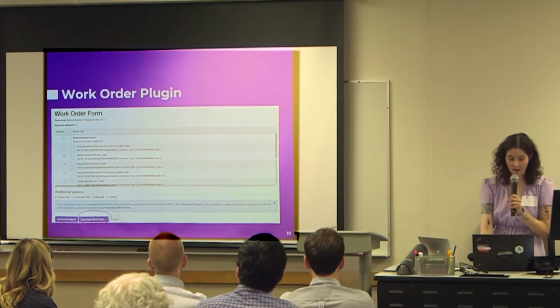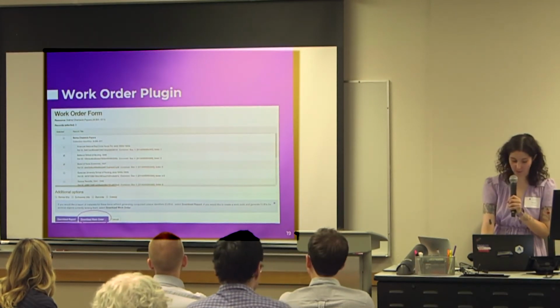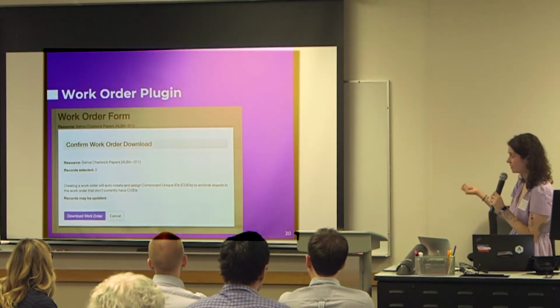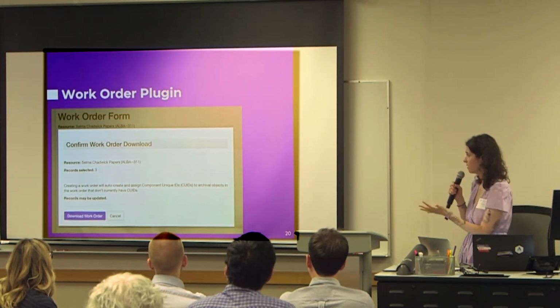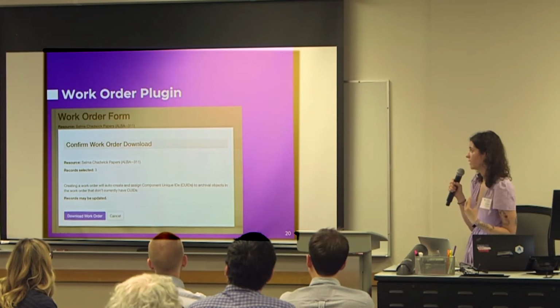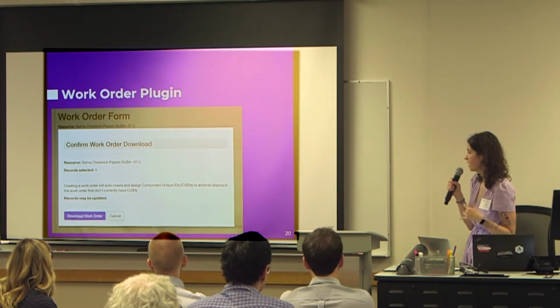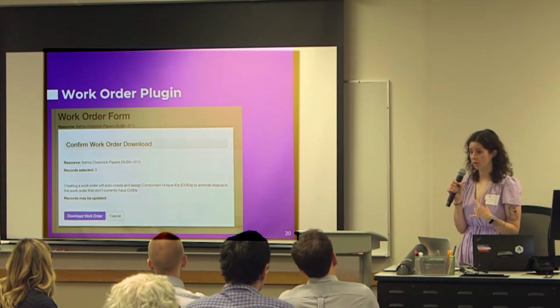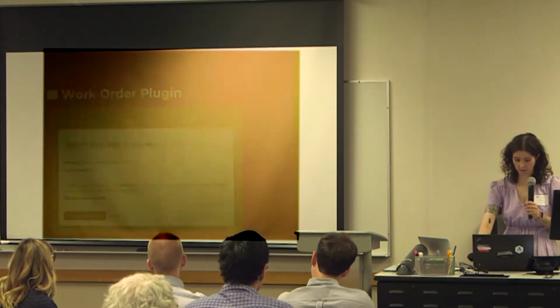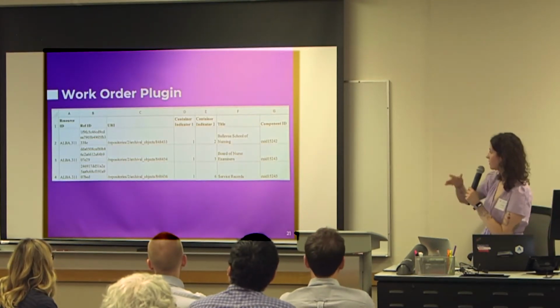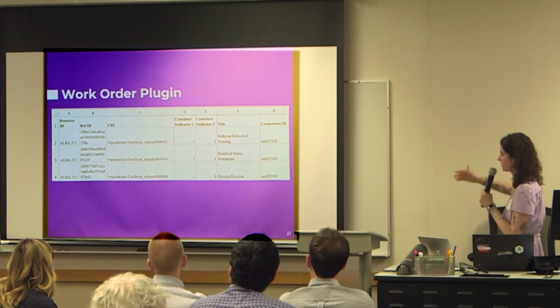Then you select Download Work Order. You get a message here saying that creating a work order will auto-create and assign component unique IDs to archival objects in the work order that don't already have them. And then here's what your TSV looks like.